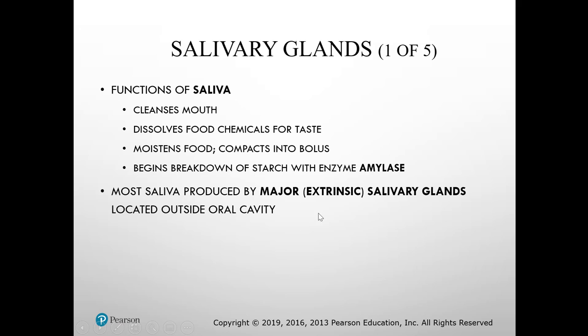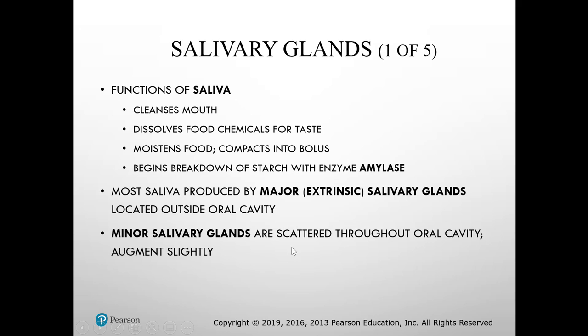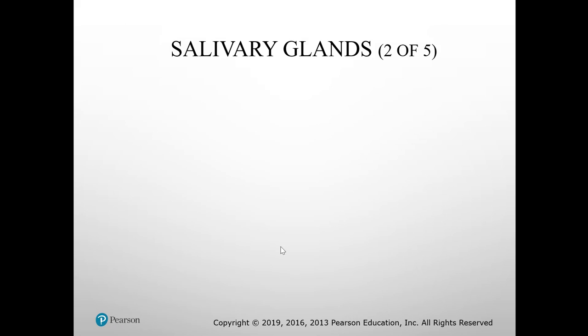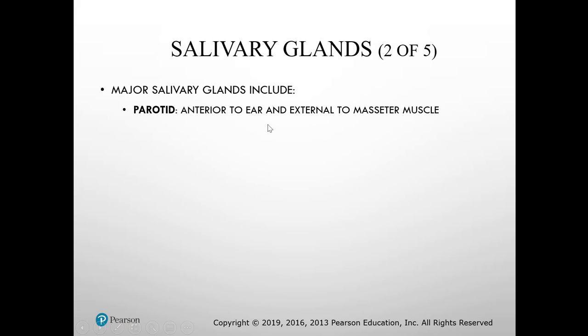Most saliva is actually produced by the major salivary glands, which are located outside of the oral cavity. And there are also minor salivary glands that are scattered throughout the oral cavity, and they slightly help in the production of the saliva. So the major salivary glands, located outside of the mouth itself, include your parotid gland.